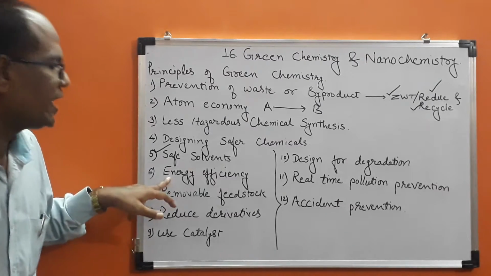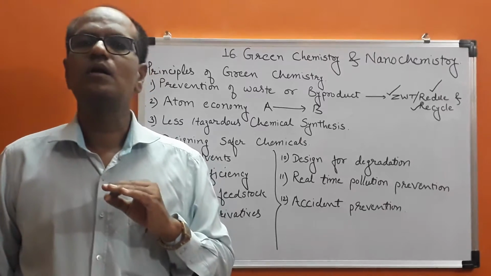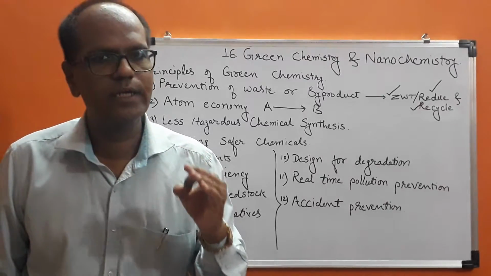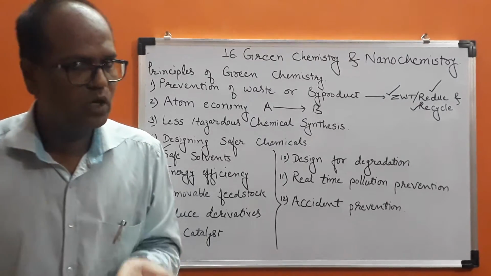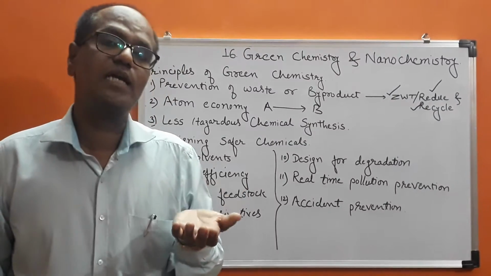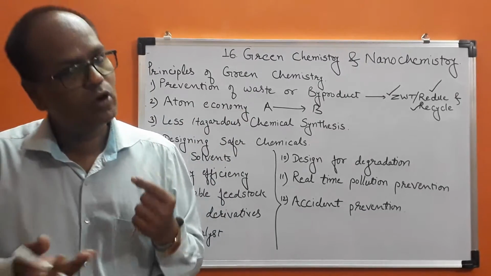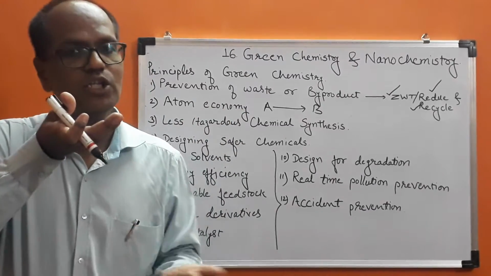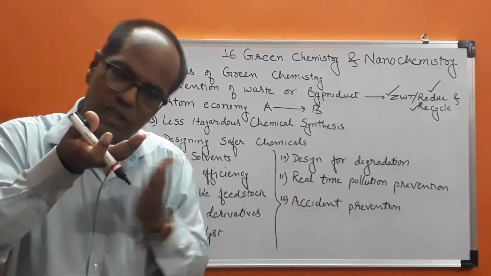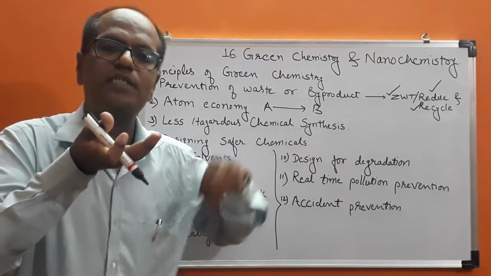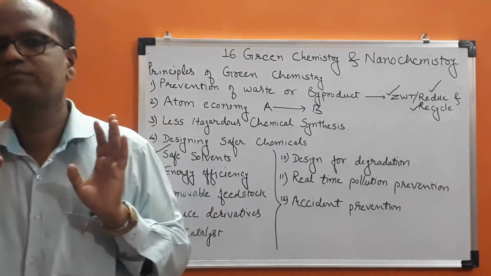After that, energy efficiency. As far as possible, try to conduct the chemical reaction at room temperature and atmospheric pressure. Why? Because if you are conducting the reaction at a high temperature, for heating that type of reaction you need energy. If you want to use energy, means you want to create some heat energy somewhere, means you are burning coal or whatever it is.